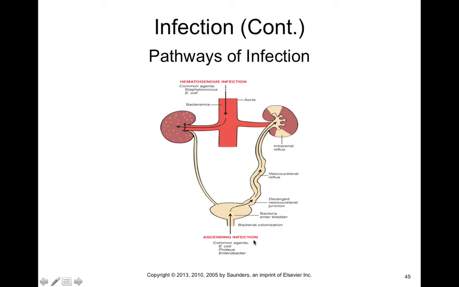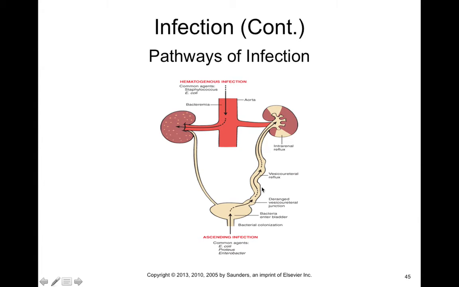Now, ascending infections can come from different normal microbial flora that can ascend from the urethra into the bladder and then up the ureters, which could eventually get to the kidneys themselves. What we find is that if unidirectional urine flow is present, it would prevent this ascending infection.